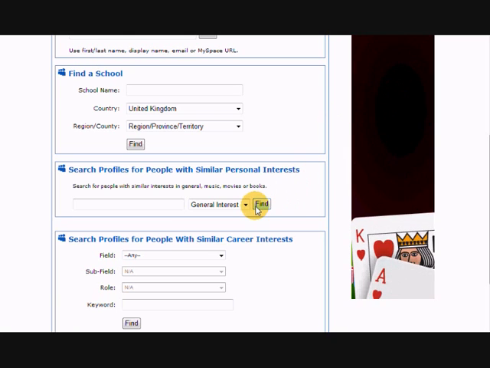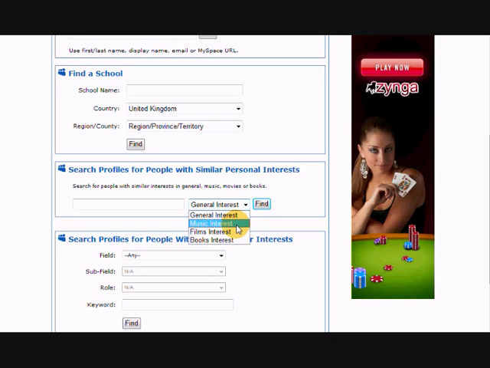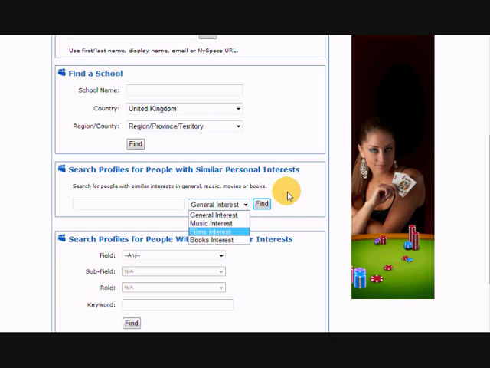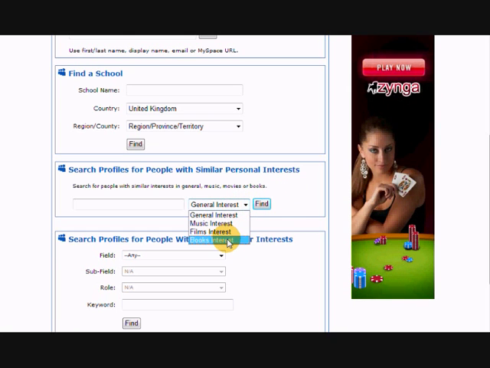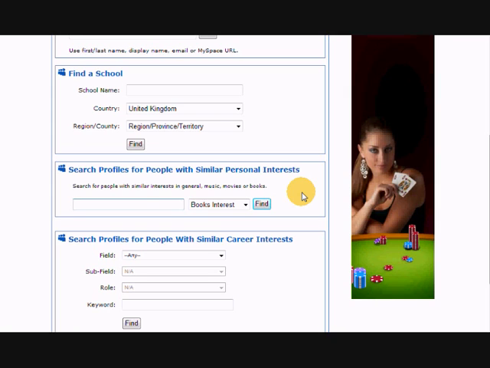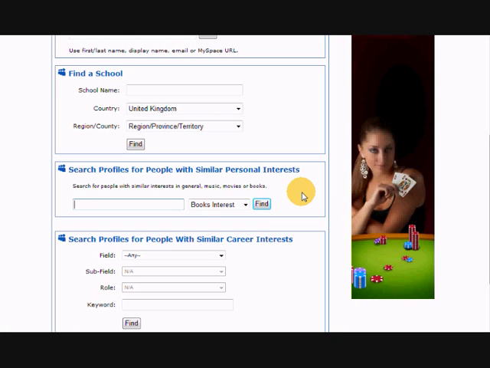We can search for people via their general interests, their musical interests, their film interests and their book interests. Books is a great way of searching and targeting specific people. When it comes to home-based business and targeting people that may be interested in a home-based business, there are many different people that we can target based on specific books.